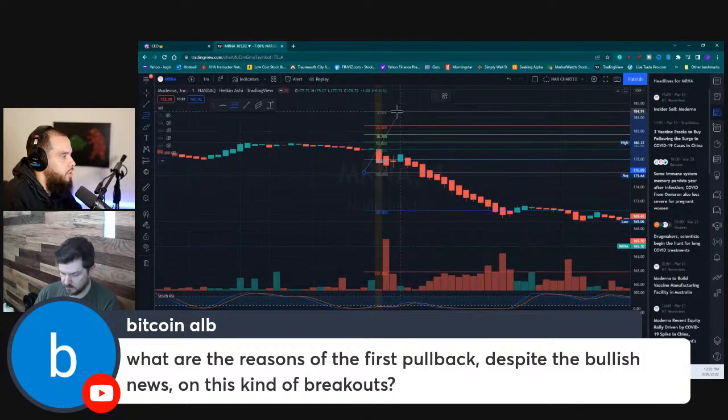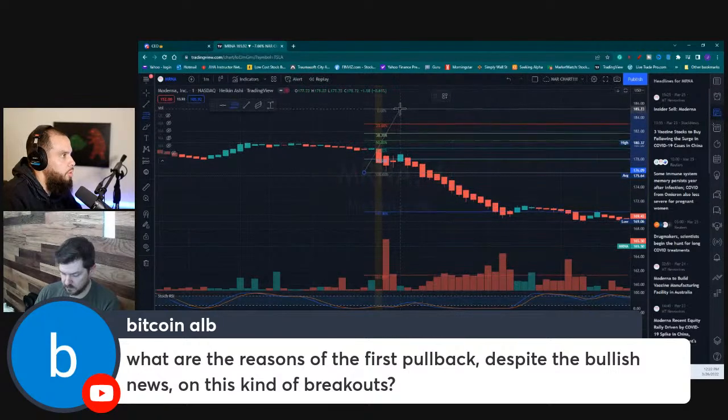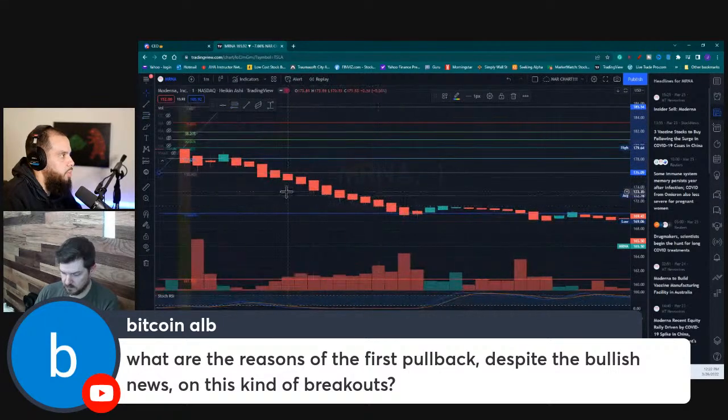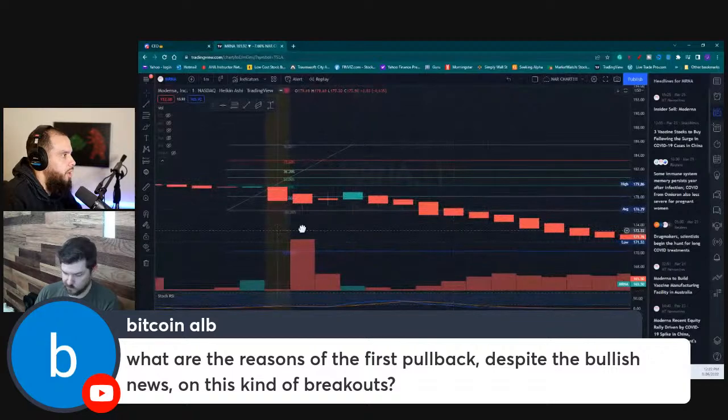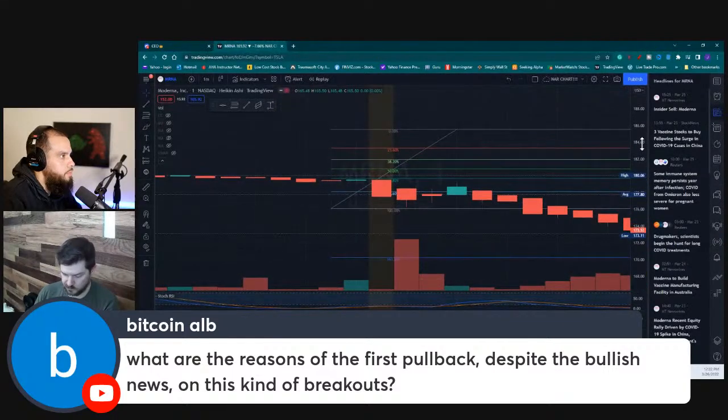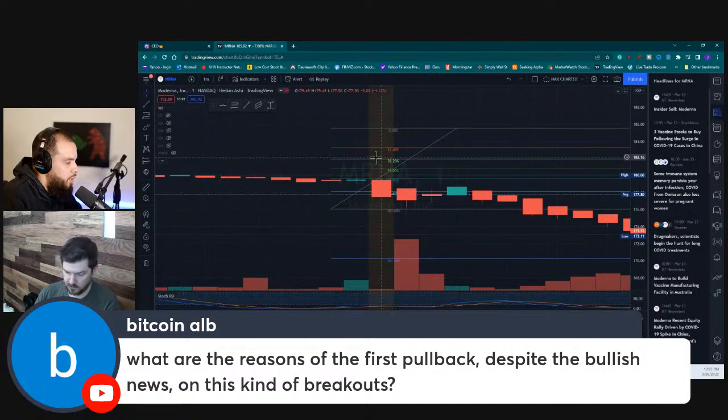This stock here is not a great example, but I'm just showing you. Let's say pre-market, it spikes up and then it pulls back. It's pulling back because people are taking profit. Even though, like you said, it's bullish on the news, people still want to take their profit.